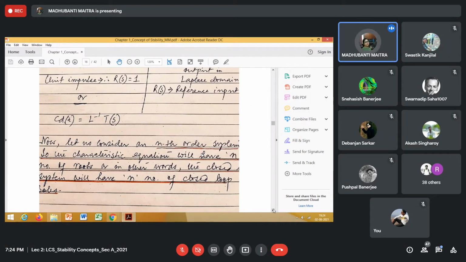The system will have a number of poles, not n number of poles. Poles could be open loop poles or closed loop poles. Similarly, zeros could be open loop zeros or closed loop zeros, right? And open loop poles are not the same as closed loop poles. So whenever you talk about poles and zeros of a system, you should always mention whether they are closed loop or open loop. Am I clear?